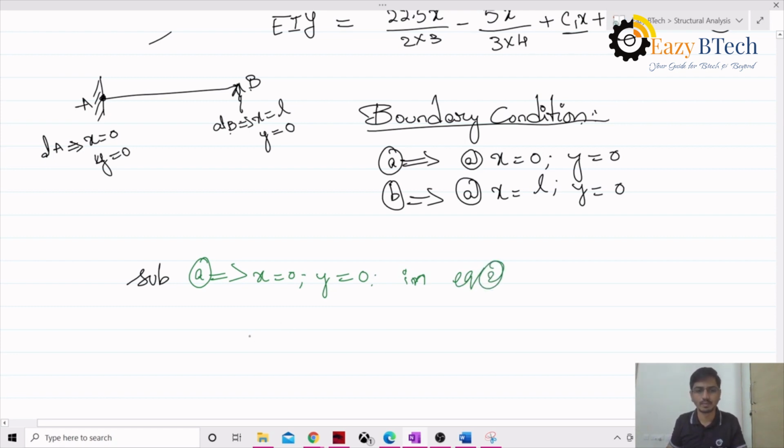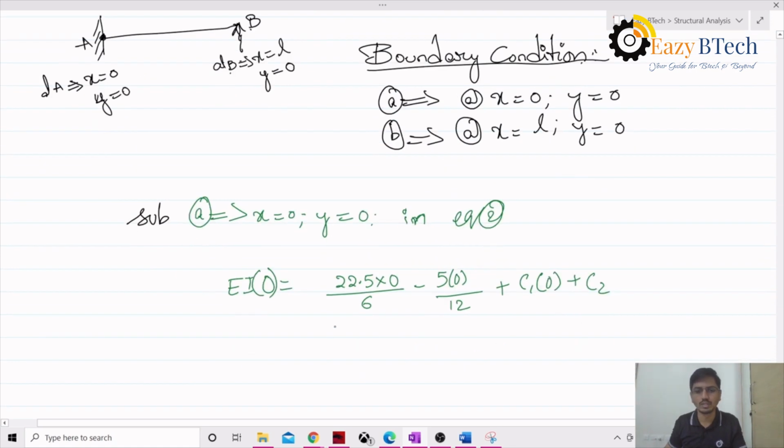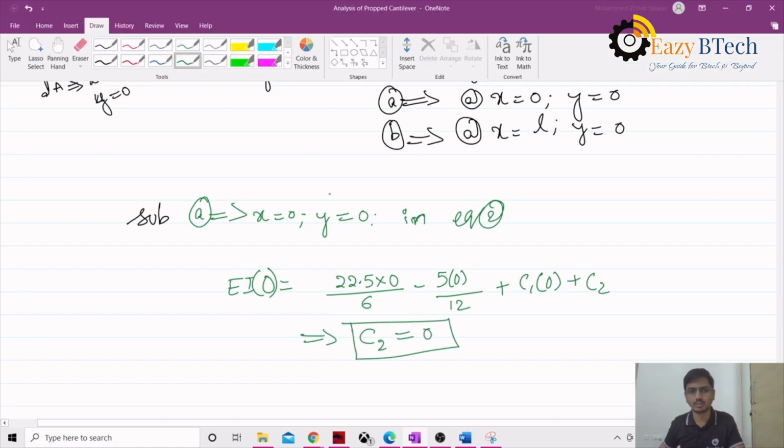Here y is 0, so EIy is 0, then 22.5 into 0 cubed by 6 minus 5 into 0 to the power 4 by 2 is also 0, plus C1 into 0 plus C2. Since every component here is 0 except C2, C2 will be 0.